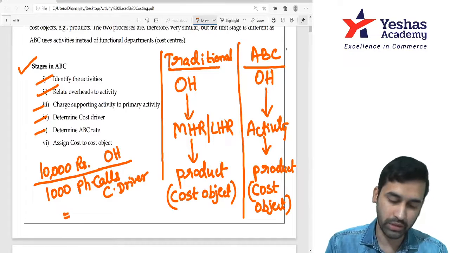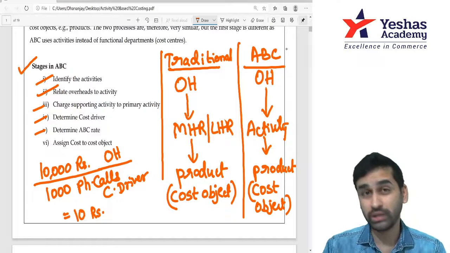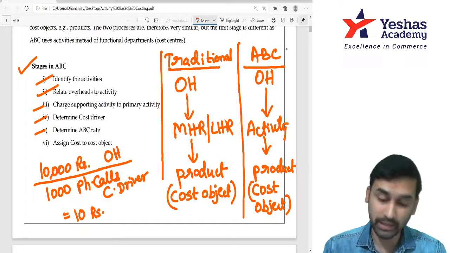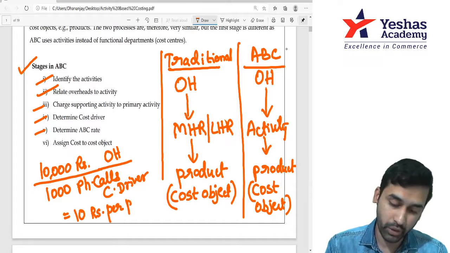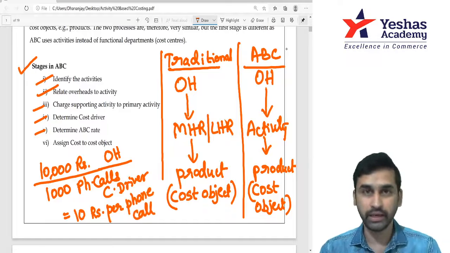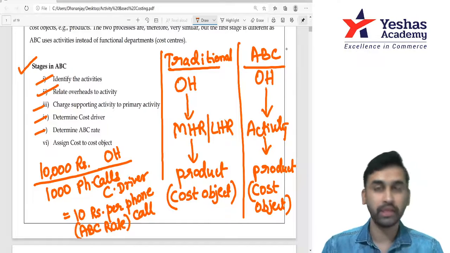So now 10,000 by 1000, this will be 10 rupees. But what is it in total? Complete sentence, it is not just 10 rupees, it is 10 rupees per phone call, correct? This is called ABC rate, activity based costing rate, correct?